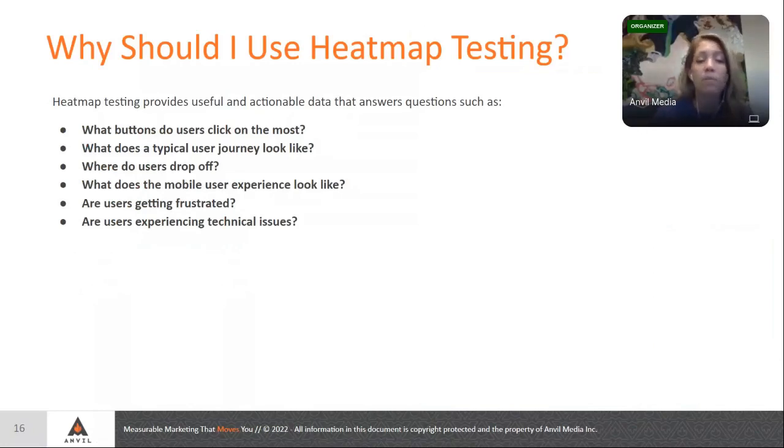Again, where users dropped off. So if there was an area of the website where users are starting to leave more commonly, or if there is a technical issue, we can pinpoint that through heat map testing.